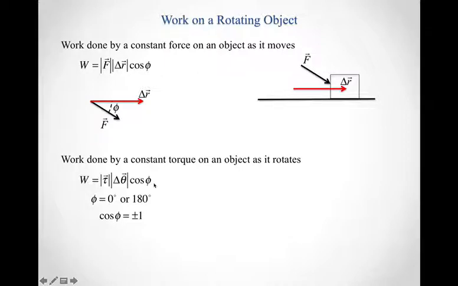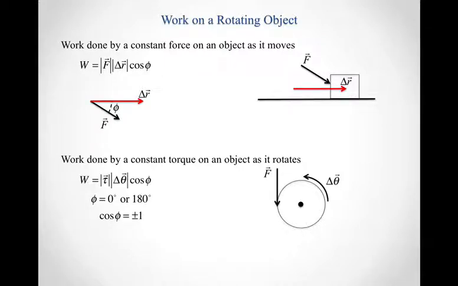So as an example to start to put a picture into your head about how this works, let's say I have a disk. That disk can rotate about its center, and then I'll let a force act on the outside of this disk. This force acting on this disk is going to try and make it spin counterclockwise. So you can think of the torque that this force generates as pointing out of the page, if it's trying to make the disk spin counterclockwise.